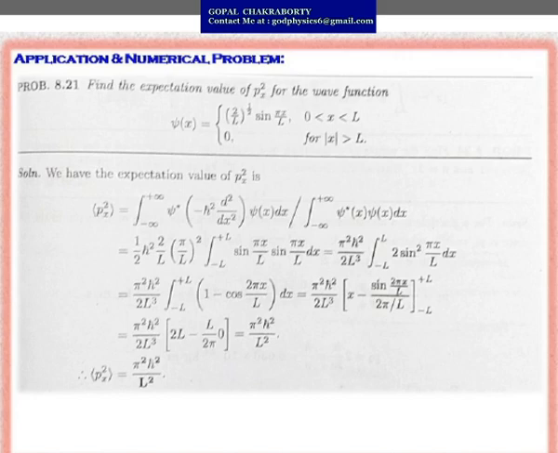Here you just substitute in place of the linear momentum operator, minus i h cut del by del x, the square of this, and following the same procedure, you will get the expectation value of px square as pi h cut square by a square. So I have already derived this. You can see how I have derived this.